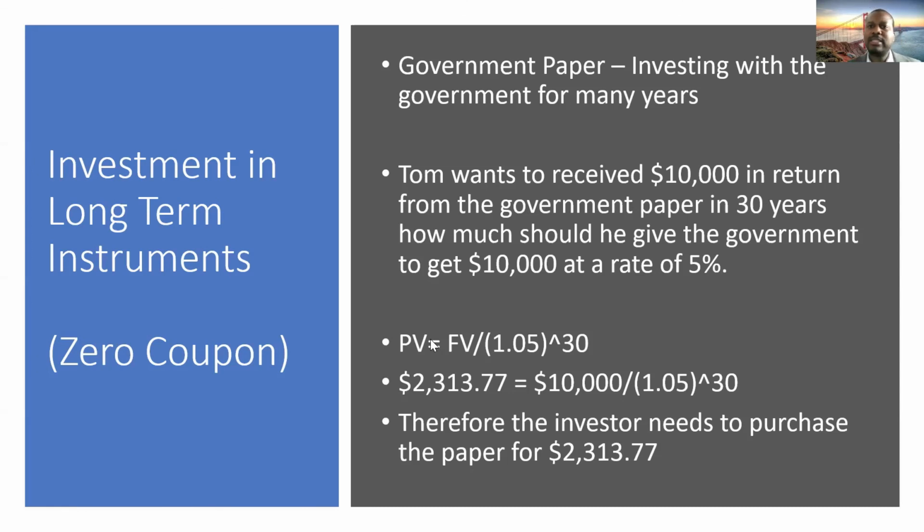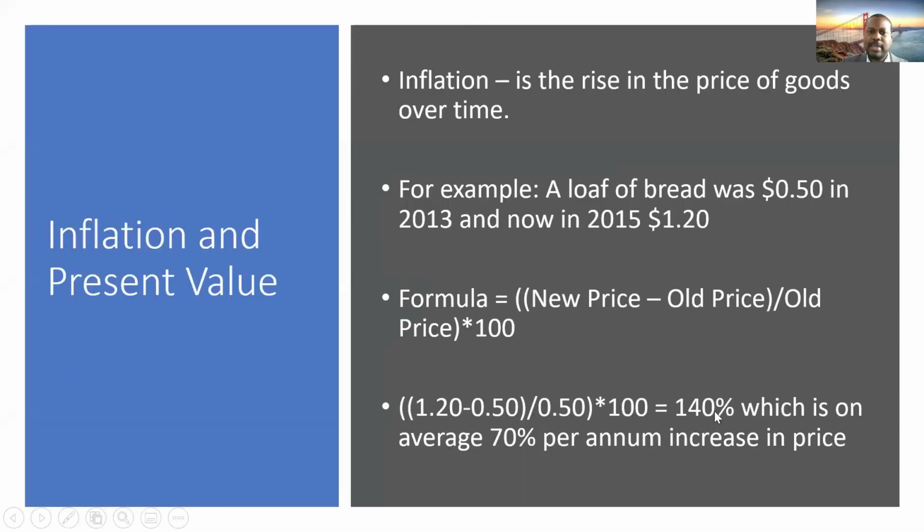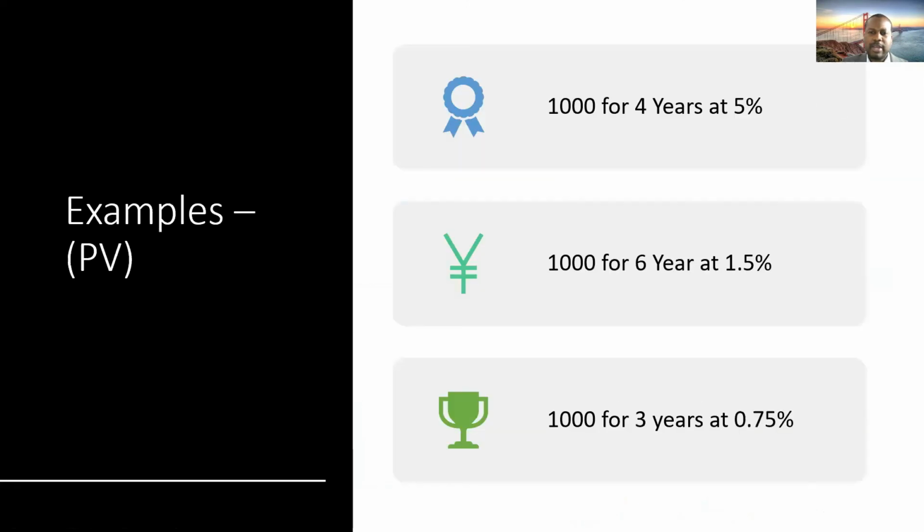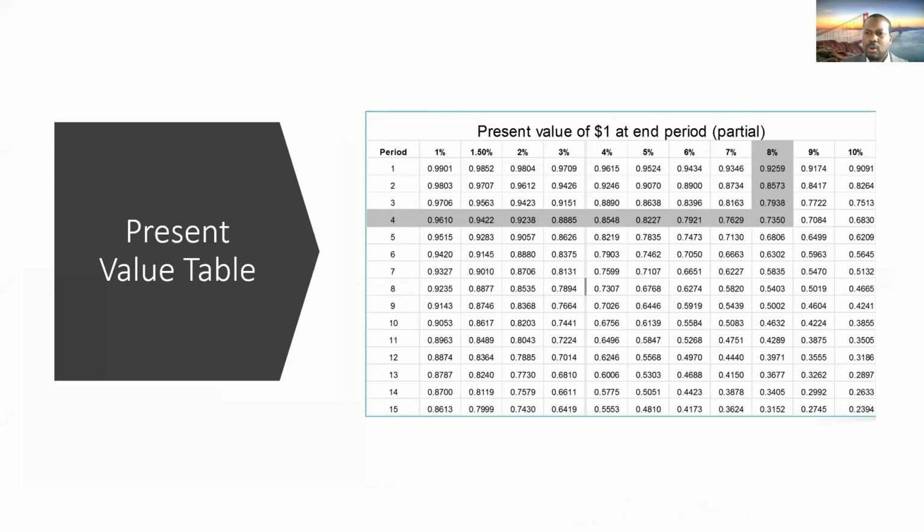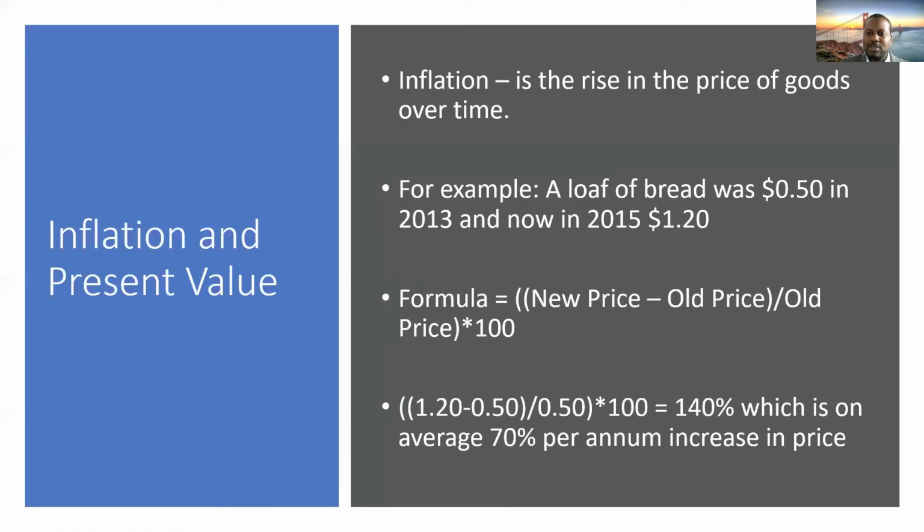So if you were to get 10,000 in 30 years, using the present value formula, 1.05 raised to the 30, we can actually go back in time and use a present value table. So, we only have 15 years, so we are not able to use the table.